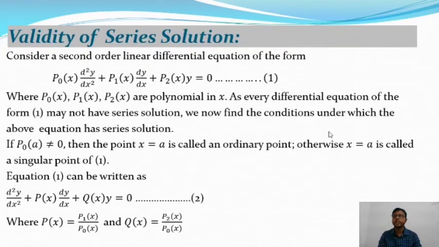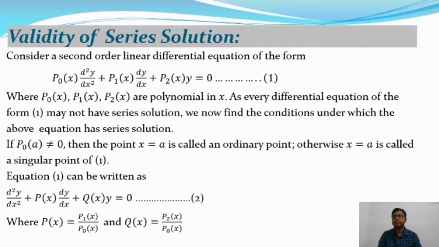Not every differential equation of the form 1 may have series solutions. So we now find the conditions under which the above equation has series solutions. Every second order differential equation cannot have a series solution. In that case, if p0 of a is not equal to 0, then the point x is equal to a is called an ordinary point.